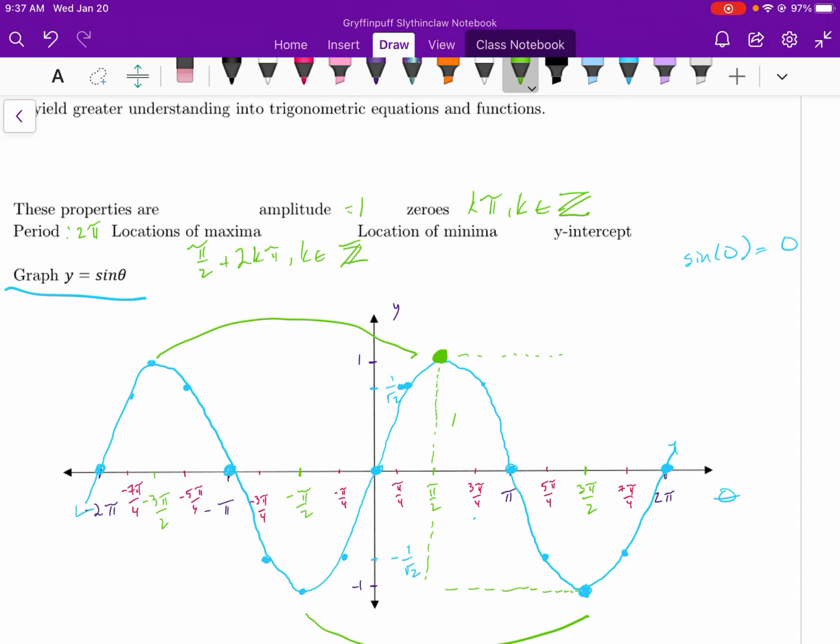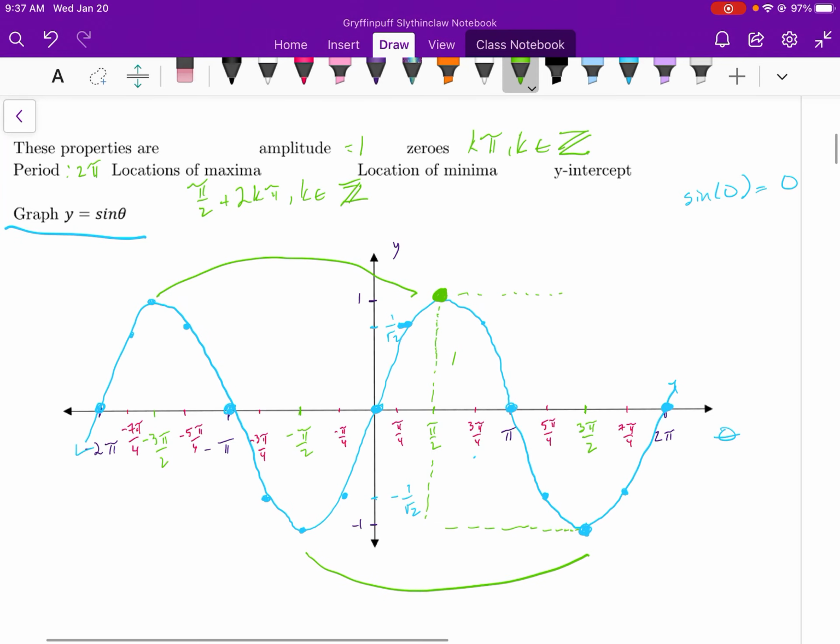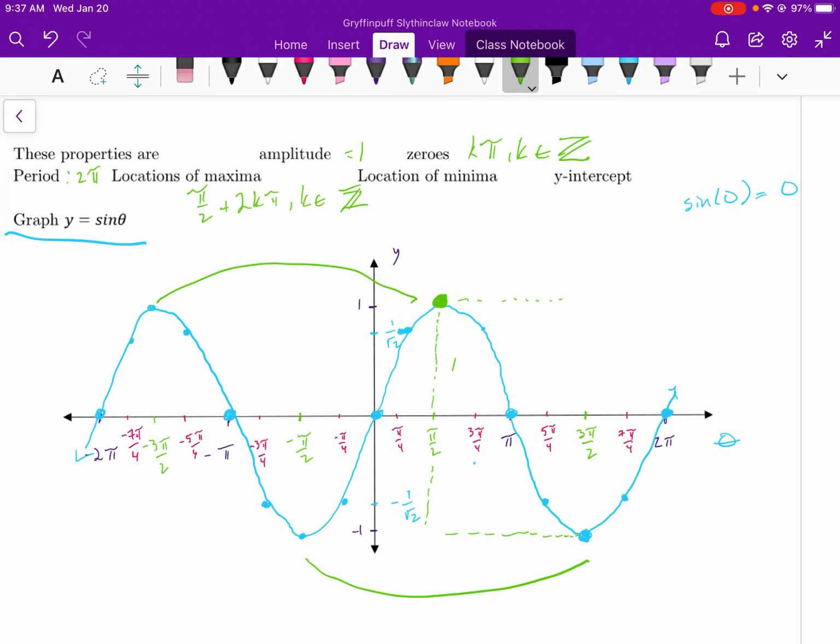So really the maximum is pi over 2 plus 2k pi, where k is an element of the integers. Now, the minima, you could write it as negative pi over 2 plus 2k pi, where k is an element of the integers. You could also write it as 3 pi over 2 plus 2k pi, k is an element of the integers.